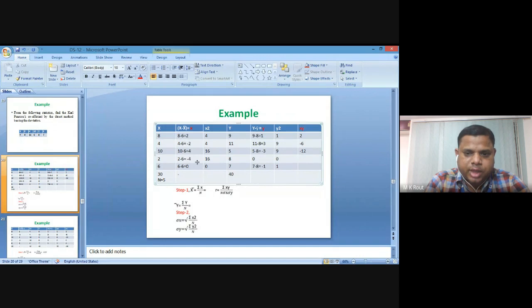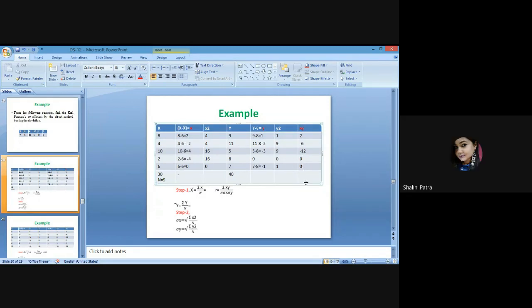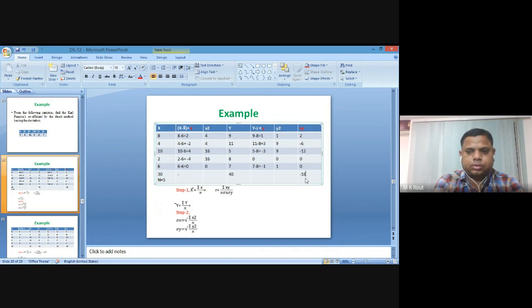Next one is minus 4 into 0, that is 0. And the last one is 0 into 1, that is 0. So what is the sum of xy? Minus 16. Okay. So as per the given formula of correlation belonging to the direct method, the formula is already given.